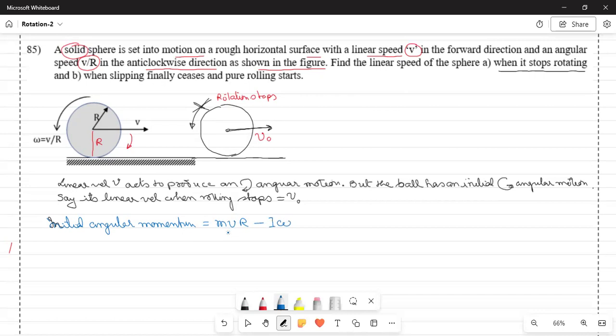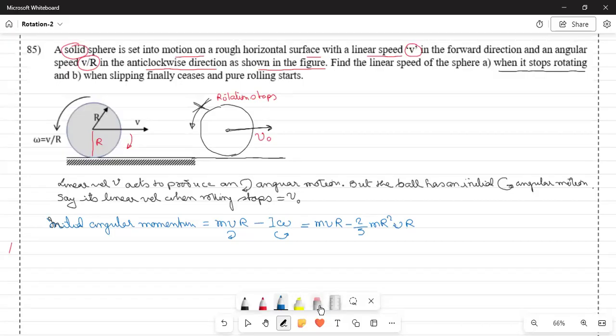Mind it, mvr produces a clockwise angular momentum, while I omega is anti-clockwise. That is why there is a subtraction. It is equal to mvr minus I omega, where I is 2 by 5 mr square.